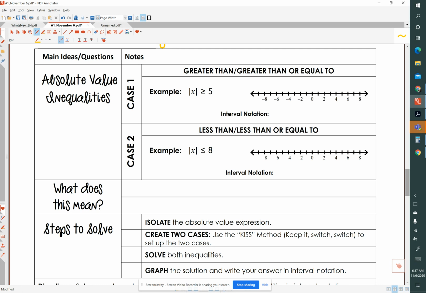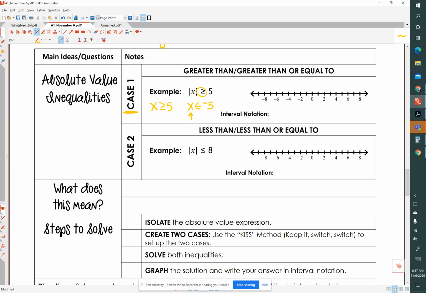So we have our example here, case 1. We have greater than or equal to here. So let's make two cases and graph. So first we have x is greater than or equal to 5. Now we apply keep, switch, switch. x is less than or equal to -5.